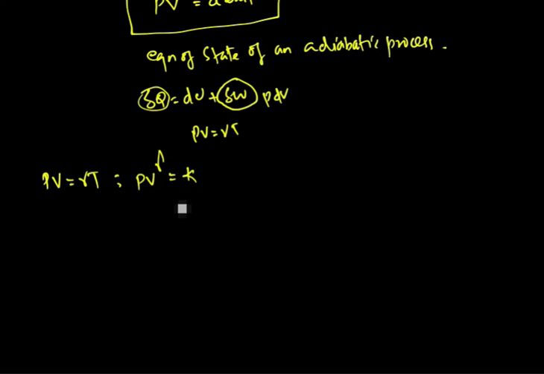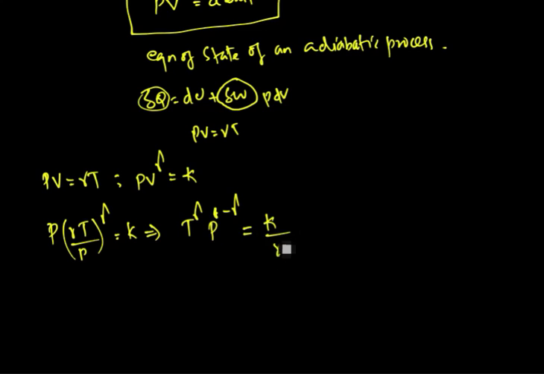I am representing it as K. Then this equation becomes P times (RT by P) all raised to gamma is equal to constant, which implies T raised to gamma P raised to 1 minus gamma is equal to K by R raised to gamma.